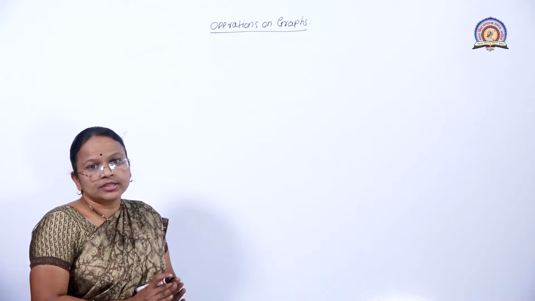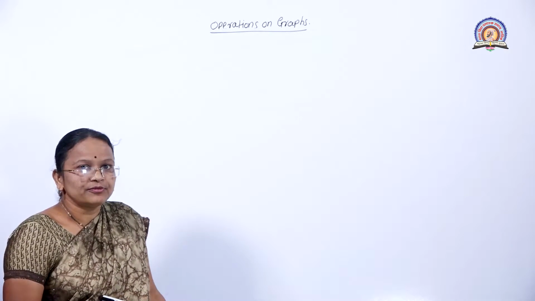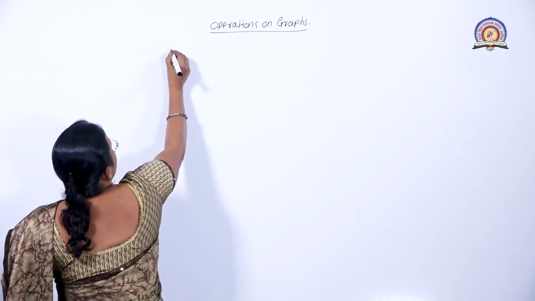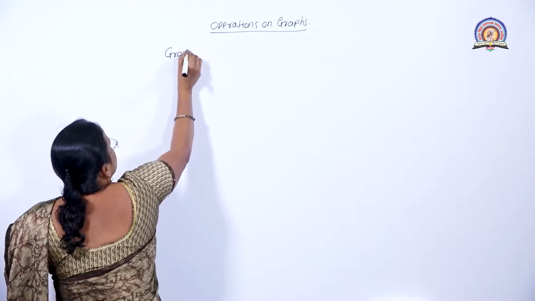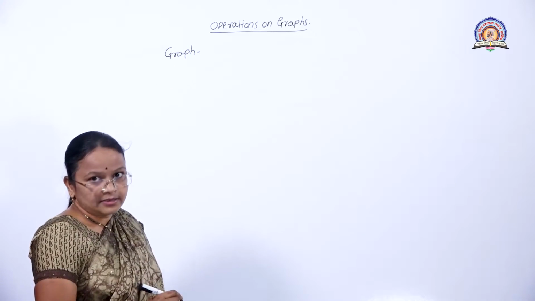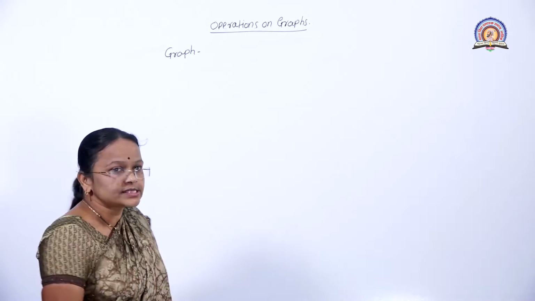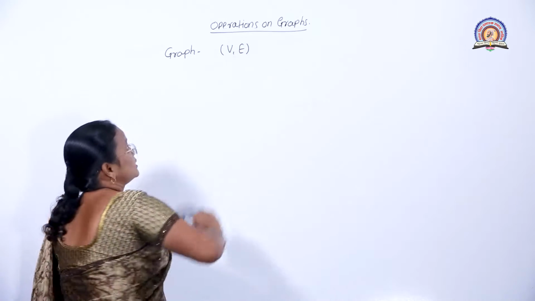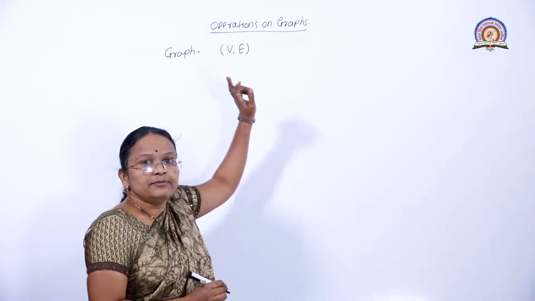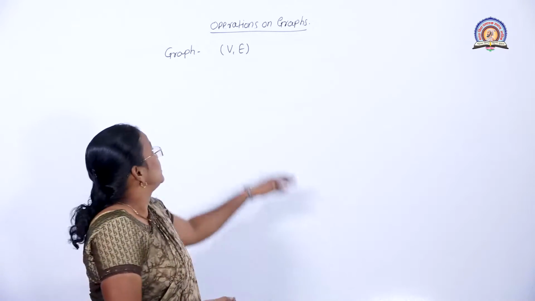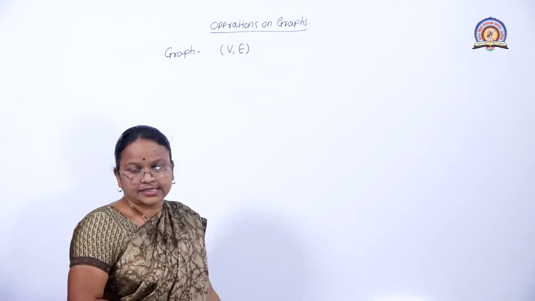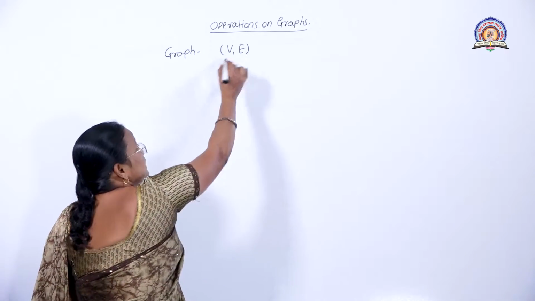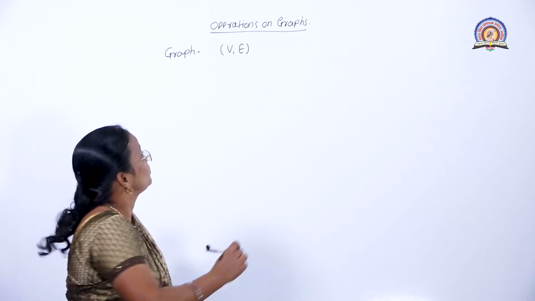To discuss the different operations on graphs, we first see what a graph is. A graph is an unordered pair of two sets, that is (V, E). Both V and E are non-empty sets. V is called the vertex set, whose elements are called vertices, and E is the edge set.